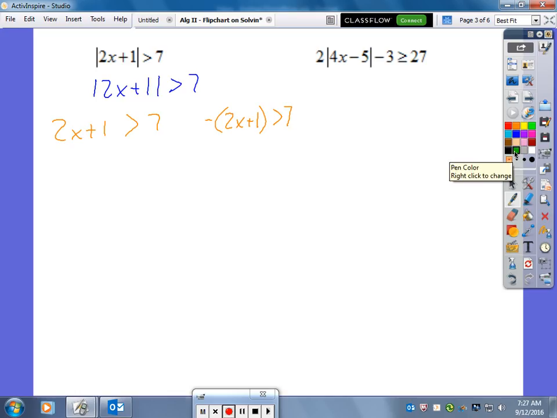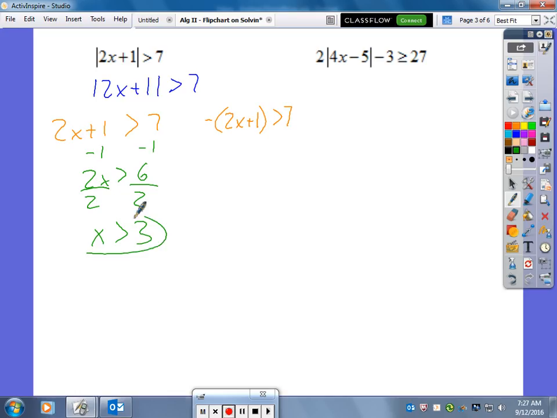Let's go ahead and solve this. Minus 1, 2x is greater than 6. Divide by 2, x is greater than 3. And the other solution, we have to first distribute the negative sign. We get negative 2x minus 1 is greater than 7.